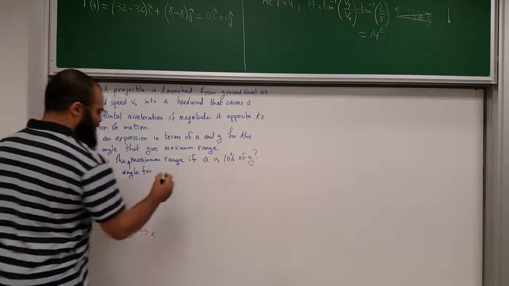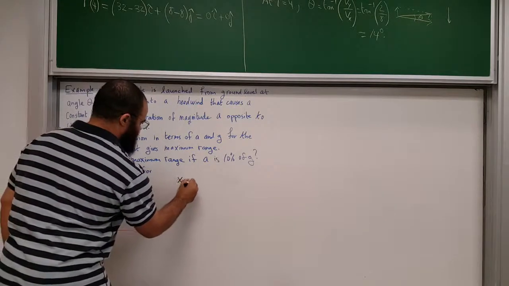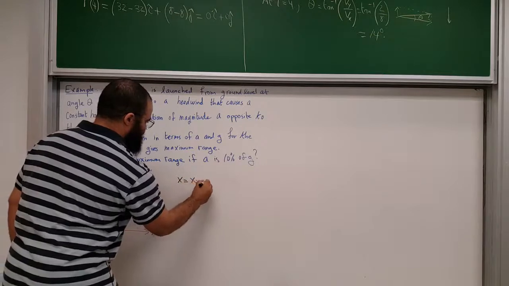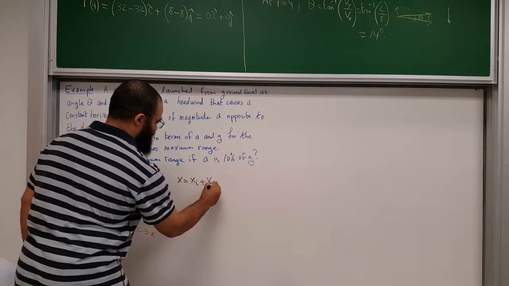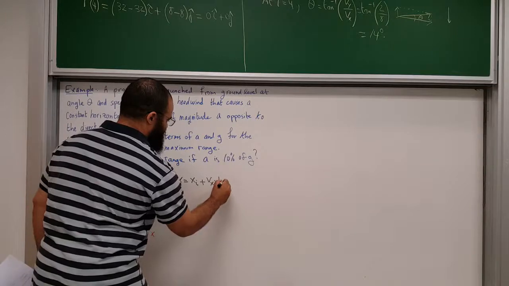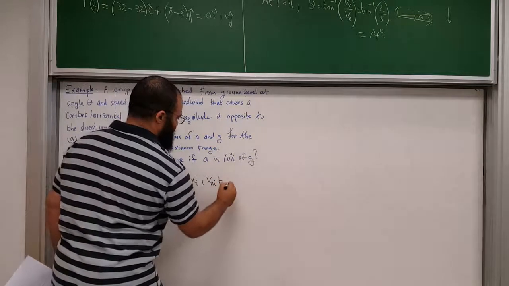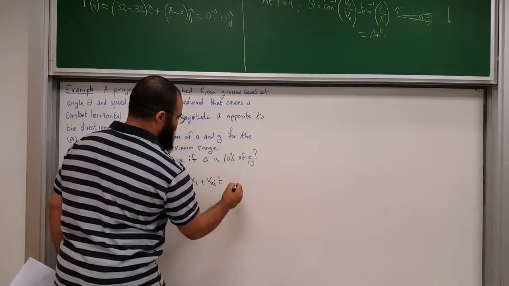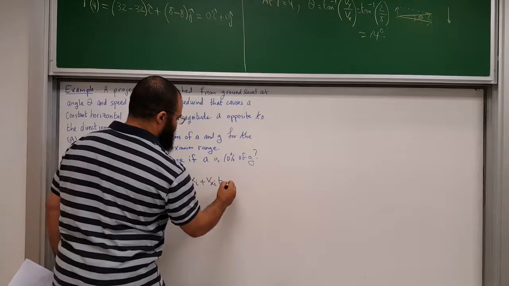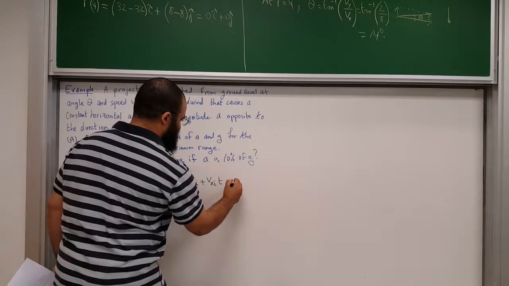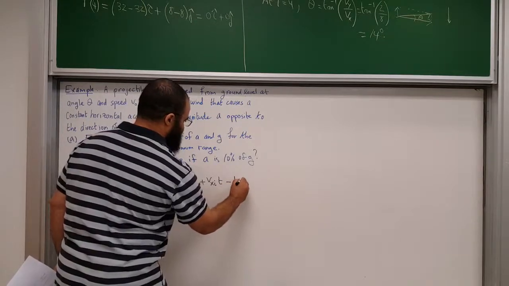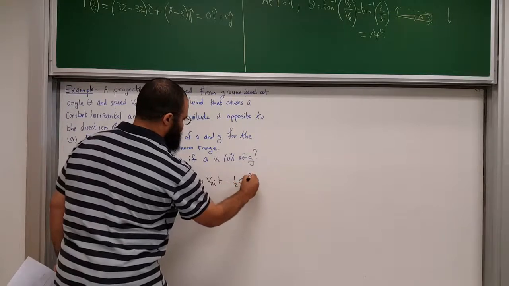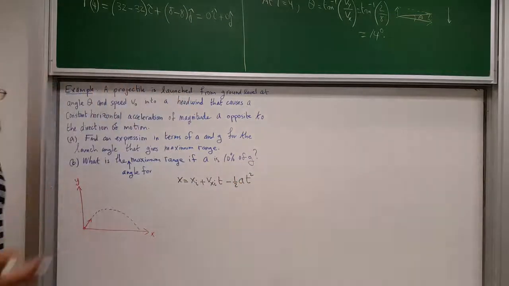There is acceleration in the x direction, so x equals x initial plus v initial in the x direction times the time, and then minus 1/2 of the acceleration in the x direction times the time squared. It's a negative acceleration because it causes it to slow down.